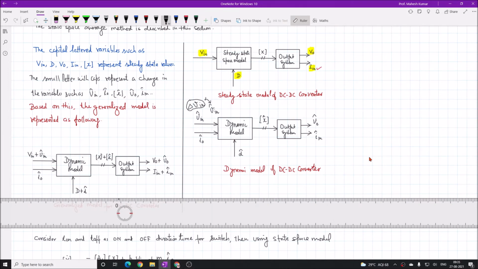So for this change in voltage and for the change in output current, very interestingly, the output current becomes the input variable. Please note it.